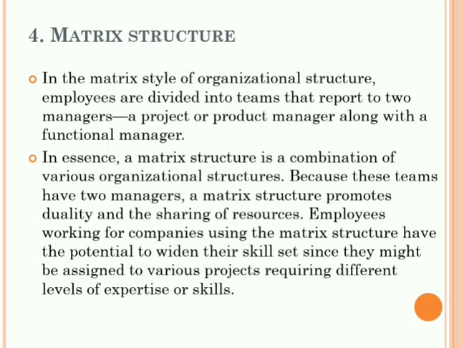Here, this matrix organizational structure is divided into three types. Means we can classify it into three types: weak matrix, balanced matrix, and strong matrix. These are the three types of matrix organization. Now, the matrix organizational structure can be found lying somewhere between the functional organizational structure and the projectized organizational structure, depending on what type of matrix structure is being run.